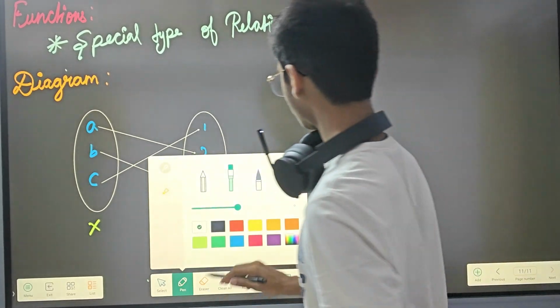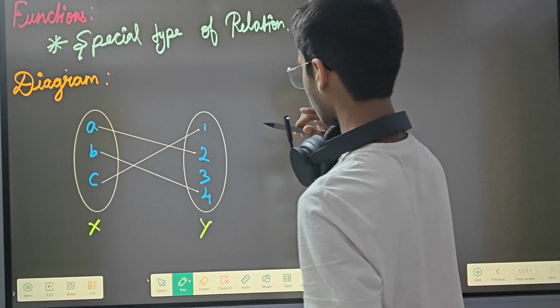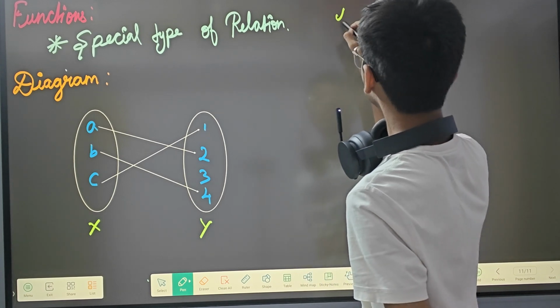Actually, you have to see these two. First is, all the elements in domain must be mapped.